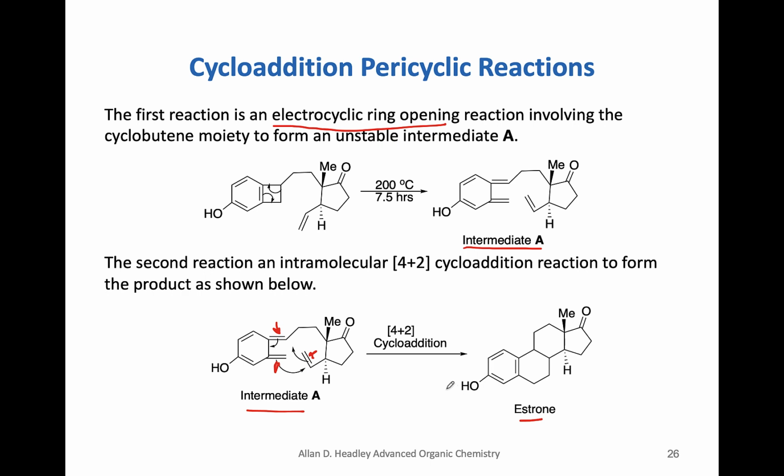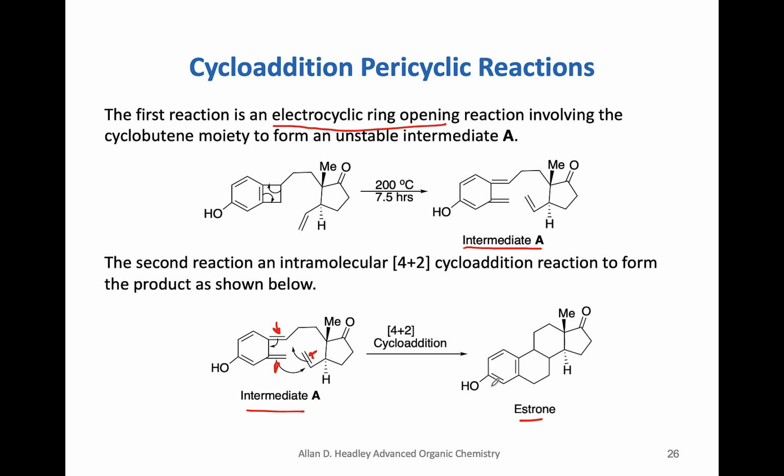So again, hopefully you can appreciate some of the chemistry here for the pericyclic reactions. They're very useful, as you can see, for natural product chemistry, in making these products here, and very useful reactions, especially the cycloaddition, in making 6-membered rings, as we have seen here for the formation of this 6-membered ring from this right here.